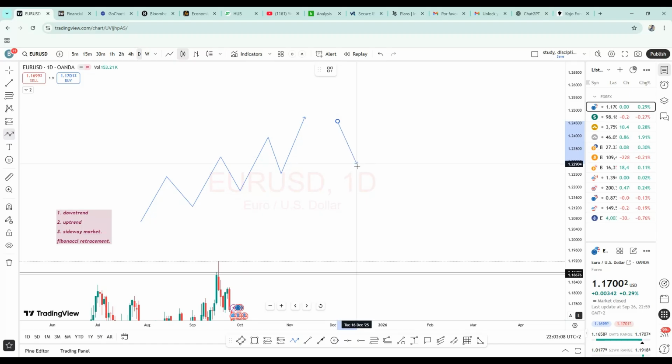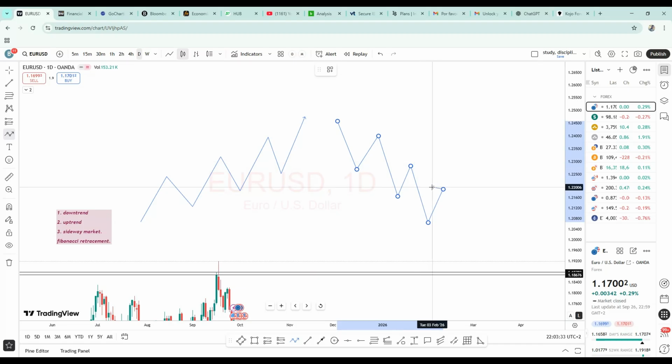So this is how it moves: a new low, new high, new low, new high, new low, new high. This high is never the same as the previous high. It never breaks above this level.